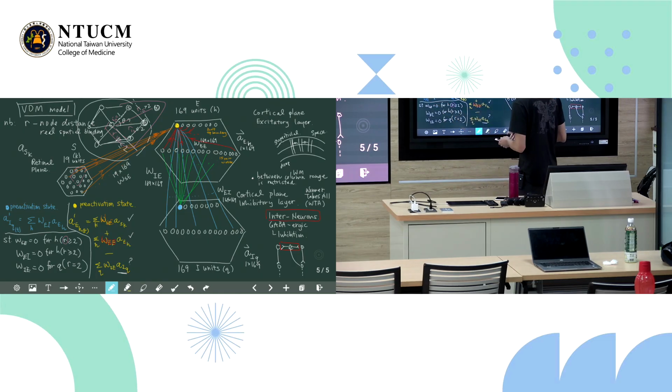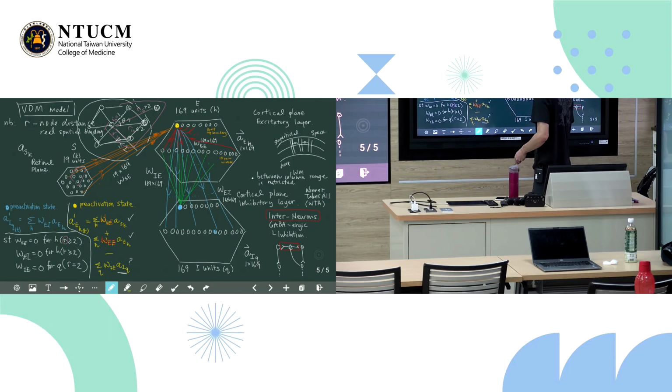Then finally I'll talk about the blue. The blue ones, on the other hand, are going this way. They are going to the inhibitory units, so they are here. Here, the blue ones are talking about a given inhibitory layer.